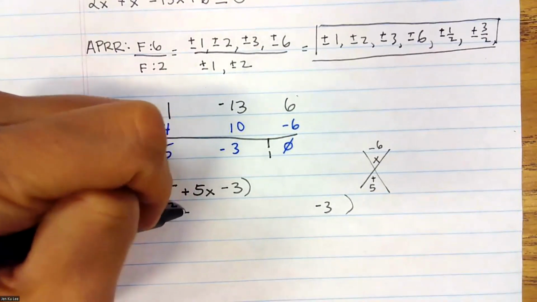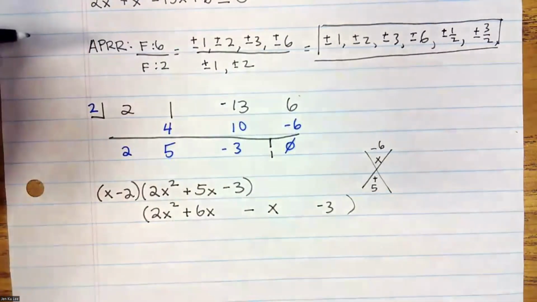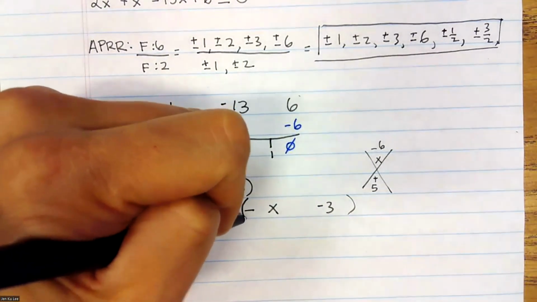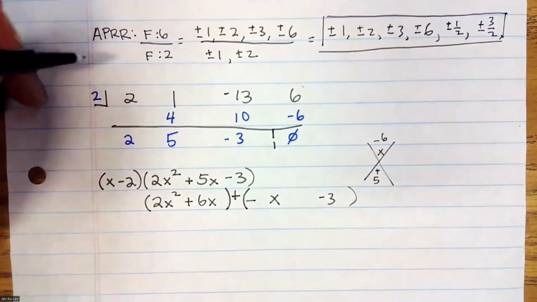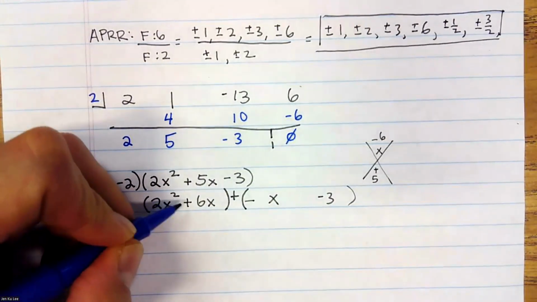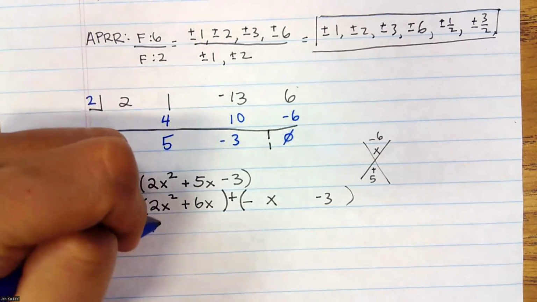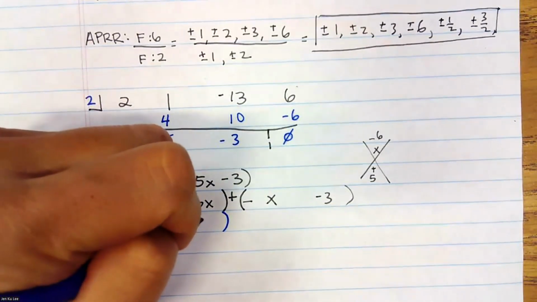Yes. So positive 6x minus 1x. Okay. Grouping the first two and the next two, what's in common between 2x squared plus 6x is a 2x. What's left over is x plus 3.